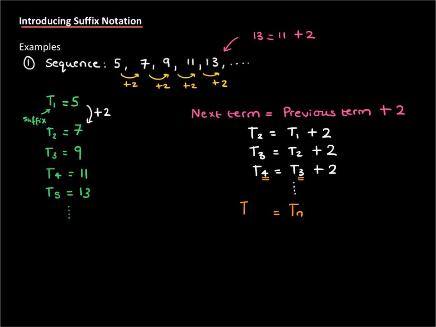So if our current term is Tn, what's the term after it? It's one more than n, it's Tn+1. So the suffix is n+1. And for this particular sequence, I generate the next term by taking the previous term and adding 2 to it. And this result here is something we call an iteration formula.